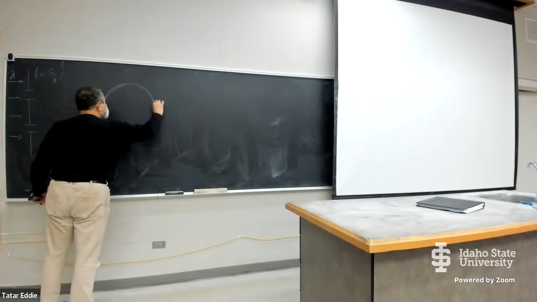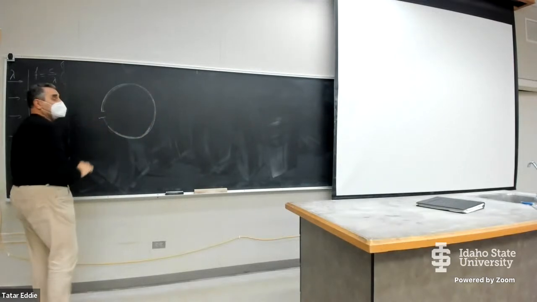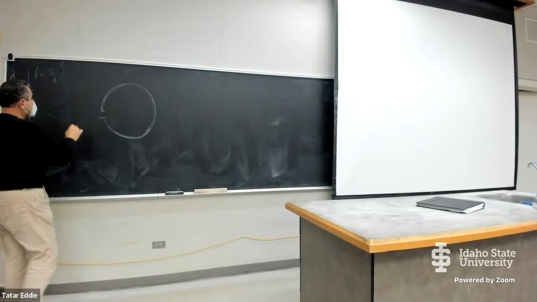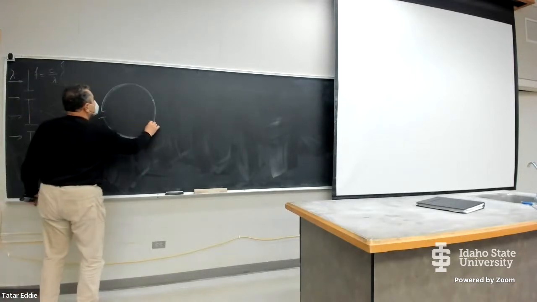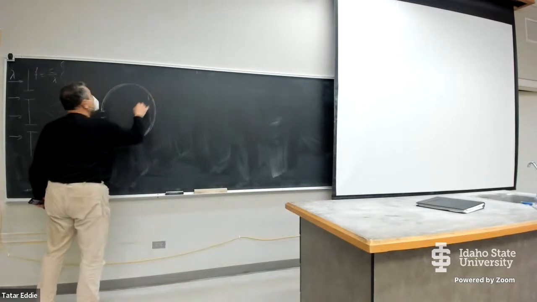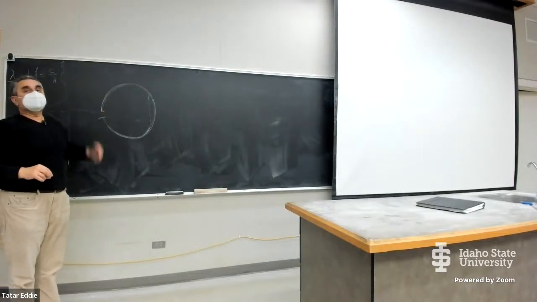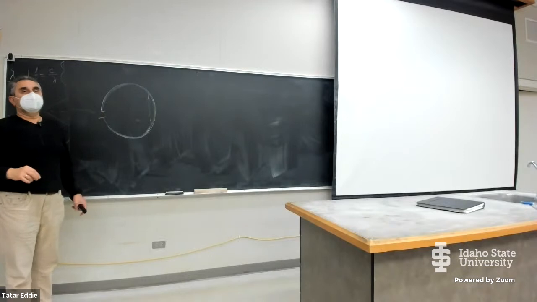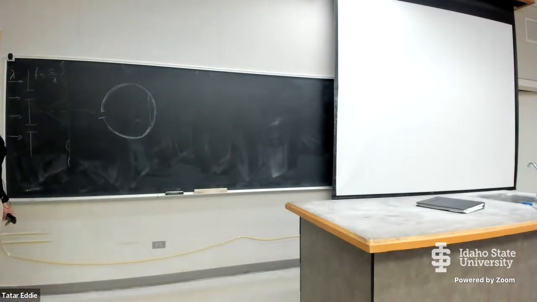Here it is, a cavity with a very small opening in it, so that any light that comes in through the hole is eventually going to be reflected multiple times, but it is very unlikely that this light ray is going to go back and get out of this opening.